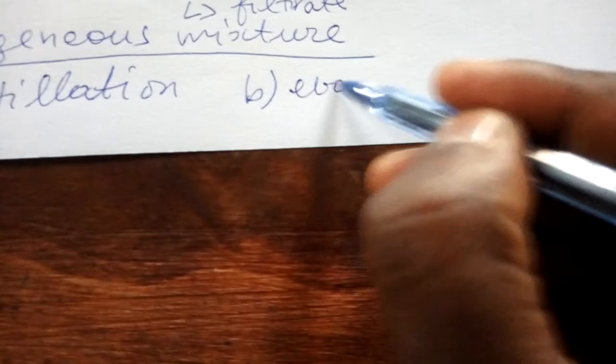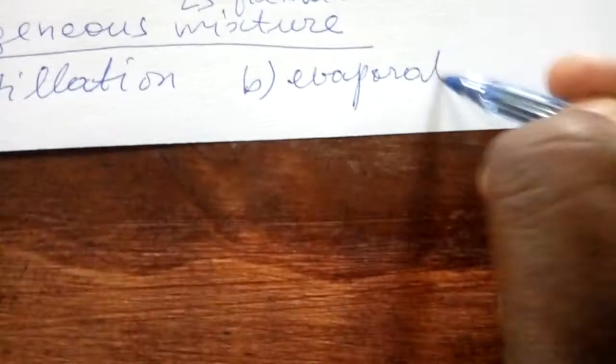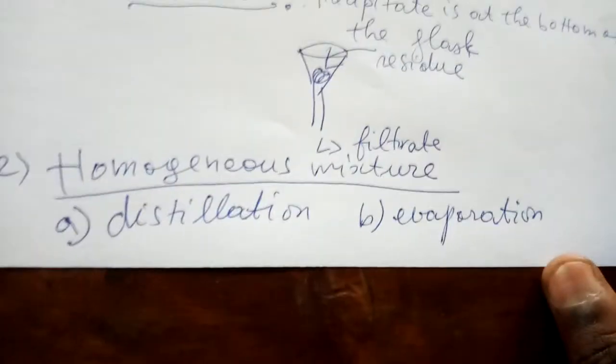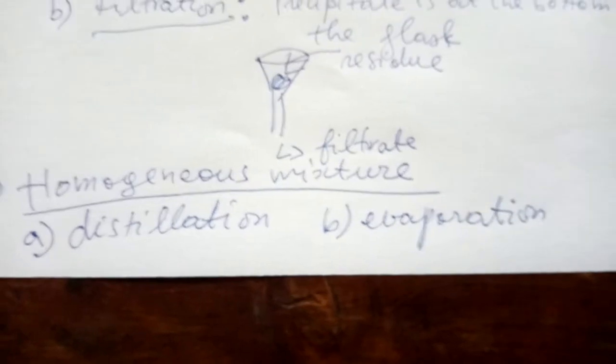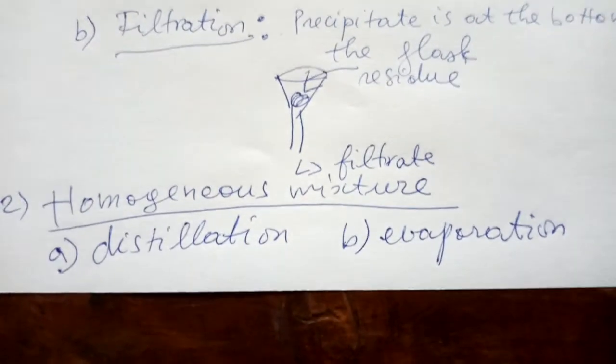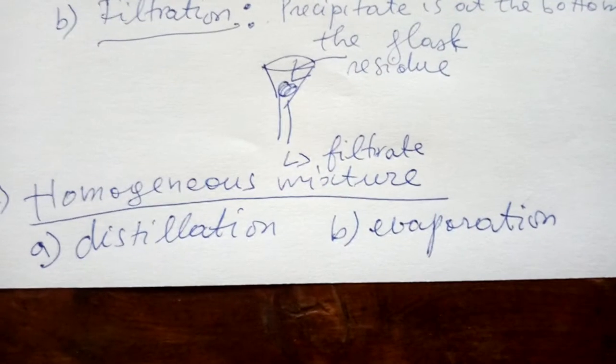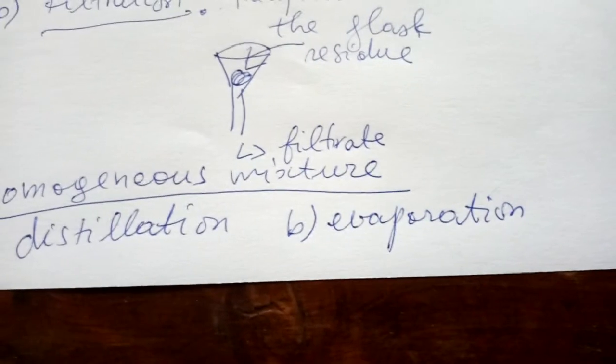We can also have evaporation. For distillation, you separate liquids with different boiling points, where we can find simple distillation and fractional distillation.